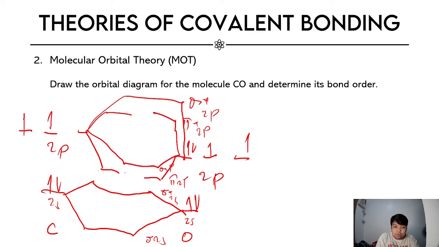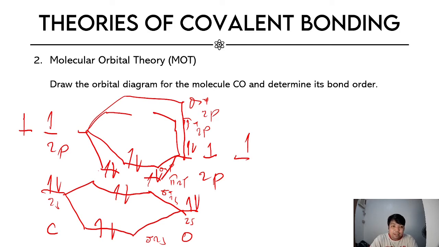Then we distribute them according to the Aufbau principle. So we have 2 electrons here. Then we distribute them. So first is pi 2p, following Hund's rule of maximum multiplicity. Then this one here. So we have used 2, 4. Then we have 2 more remaining. So that is 6. Okay.